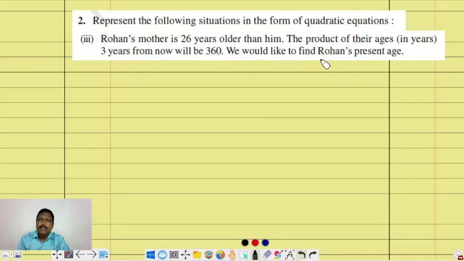We would like to find Rohan's present age. So Rohan's mother is 26 years older than him. And the product of their ages 3 years from now will be 360. We need to find Rohan's present age.